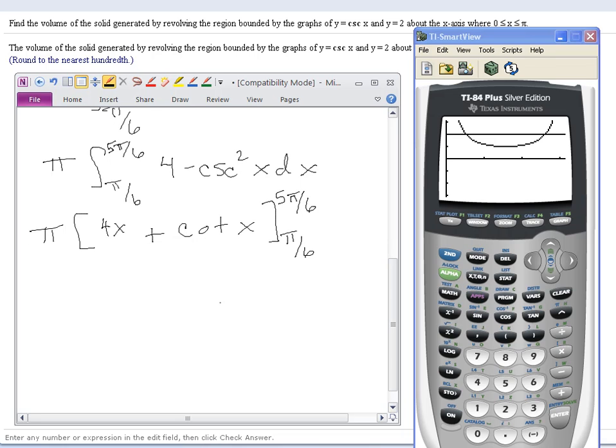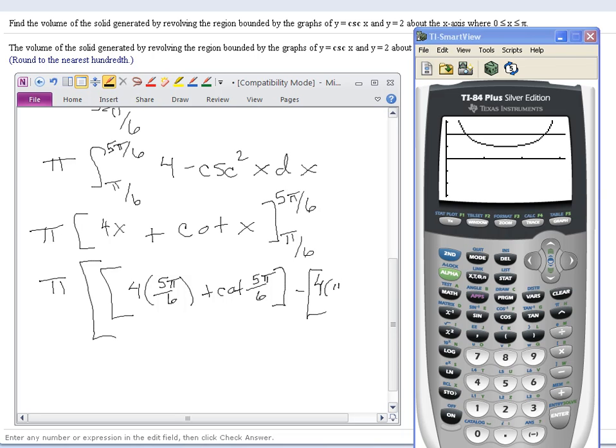And so then you'll come in and plug in your values. You'll have a pi here, and then you're going to have f of b, which is going to be 4 times 5 pi over 6 plus the cotangent of 5 pi over 6, minus 4 times pi over 6 plus the cotangent of pi over 6.